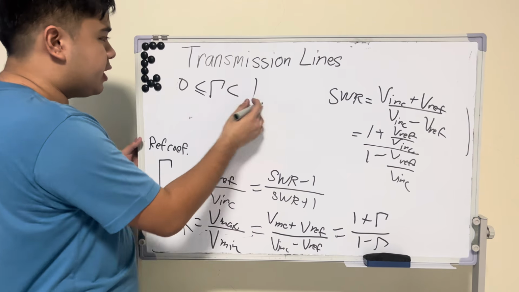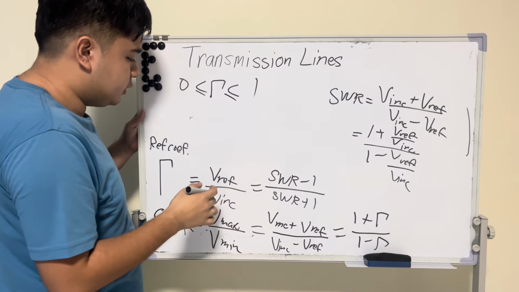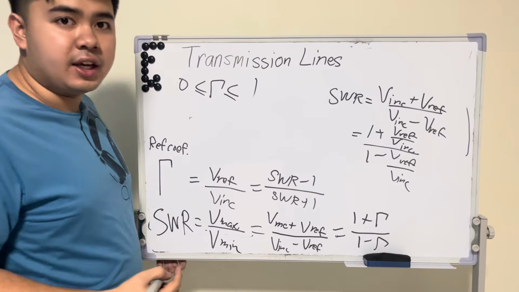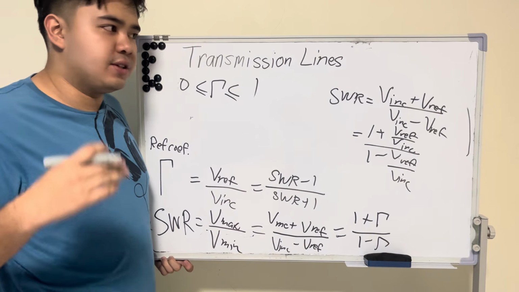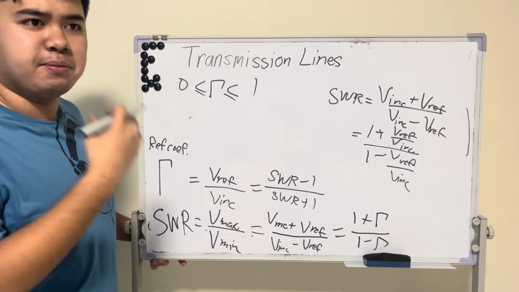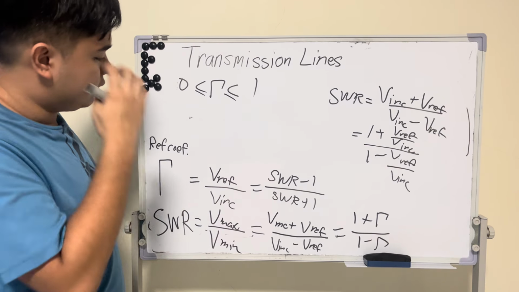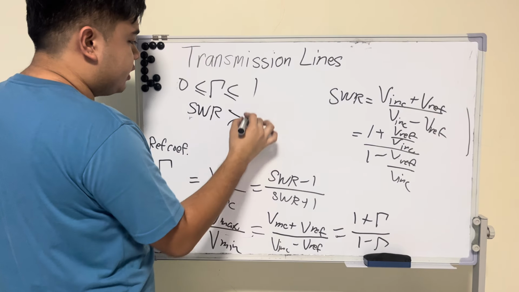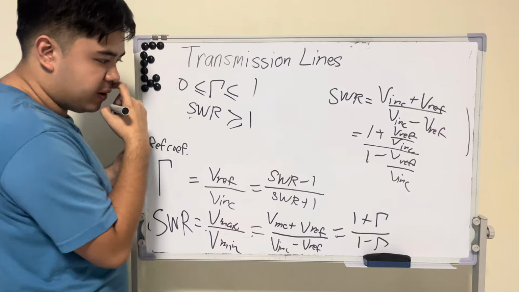But for gamma equals 1, that would be having the V reflected equal to V incident, which is the worst outcome because there is no power being absorbed at the load, which we don't want. And then SWR is only greater than or equal to 1.